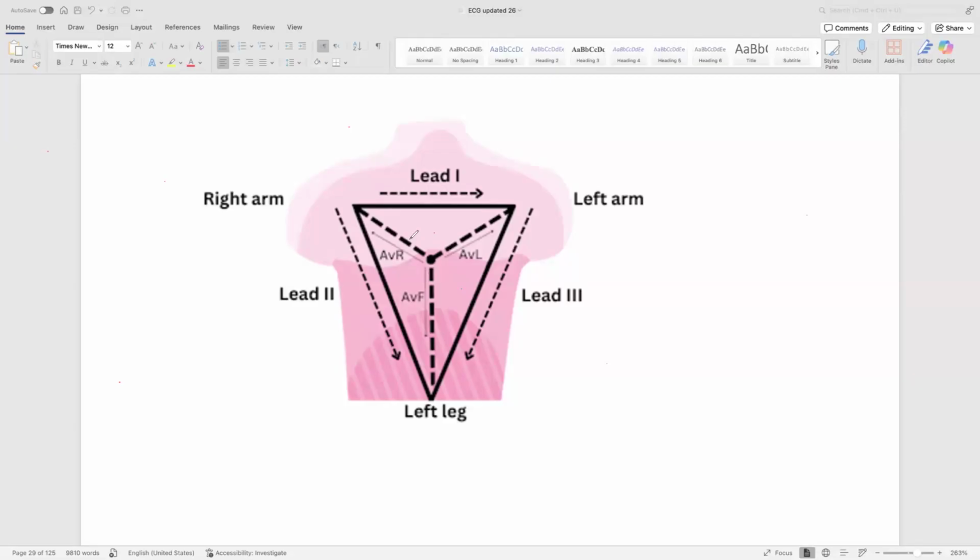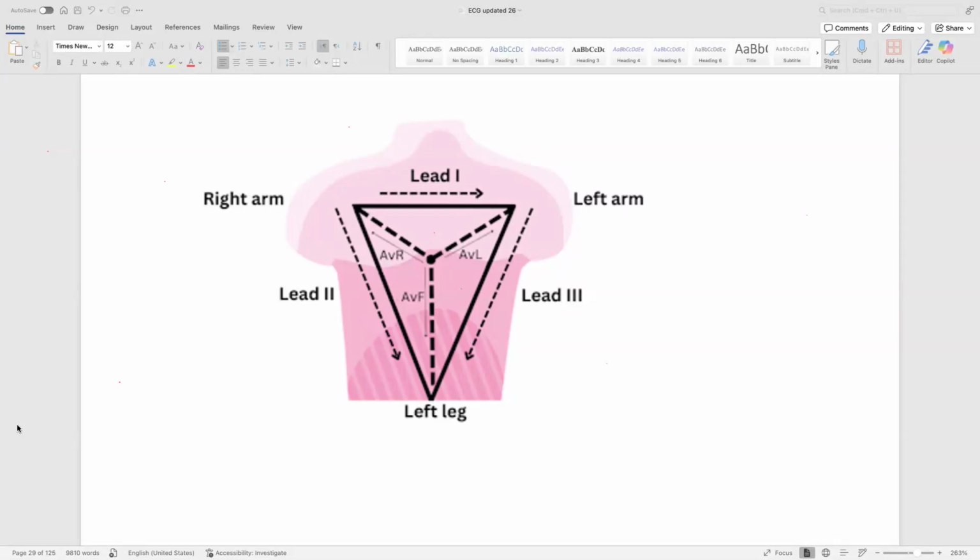This is the electricity pathway here, and this is lead 3 here, so it is not measuring well. It is not good for reading the waves. So lead 3, you cannot depend on in measurement of the P wave, QRS, because it is not matching. It is crossing the axis. So forget about lead 3 in the wave reading.